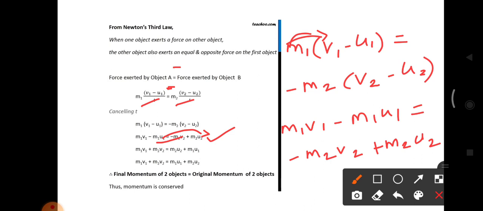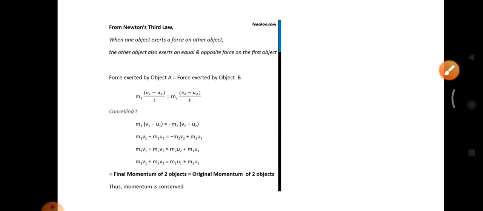m1 is the mass of object A and m2 is the mass of object B. v1 is the velocity of object A, v2 is the velocity of object B. So m1 v1 plus m2 v2 is the final momentum. The final momentum of the two objects is equal to the initial momentum of the two objects.